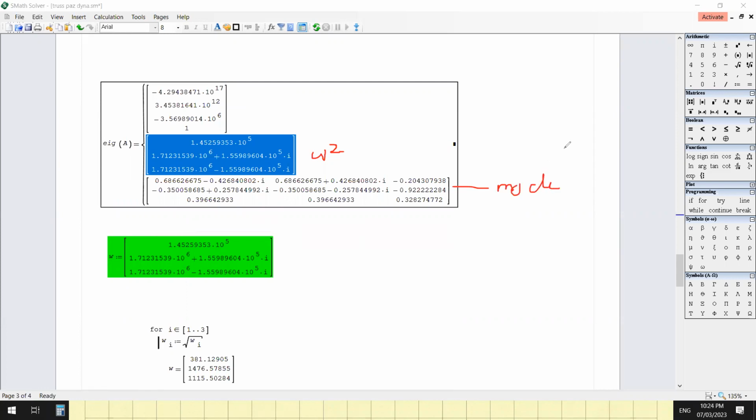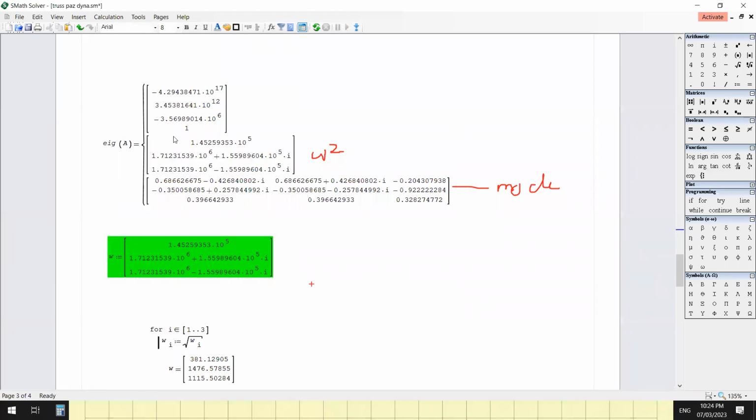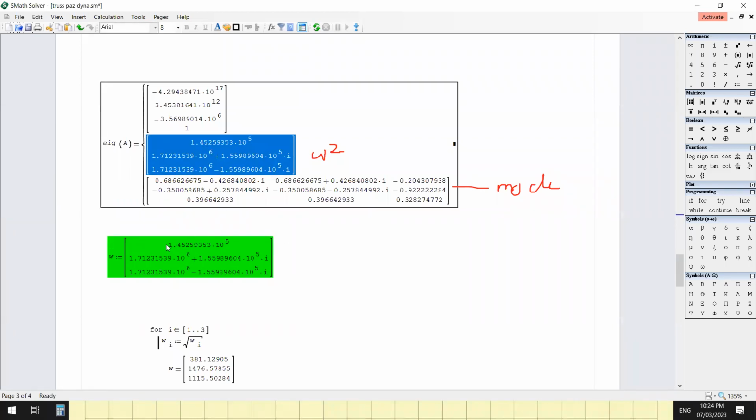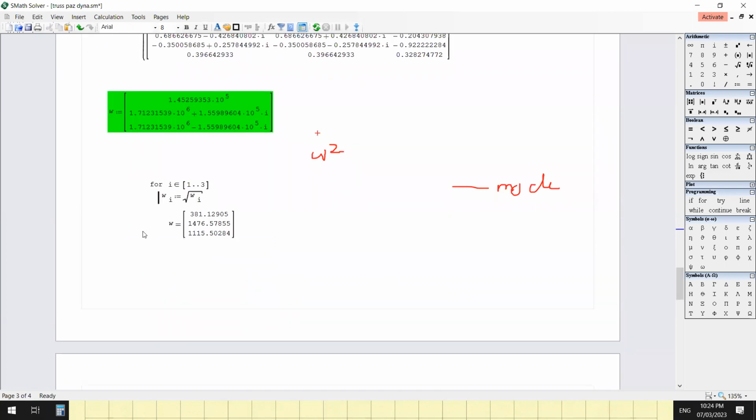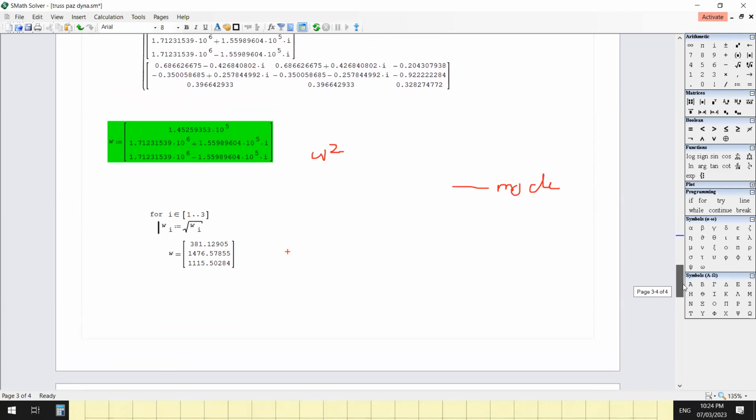I copy-paste this to get the square roots, the natural frequency. You need to make sure the looping is consistent here. Since we have 3 degrees of freedom, this will also be looped into 3.